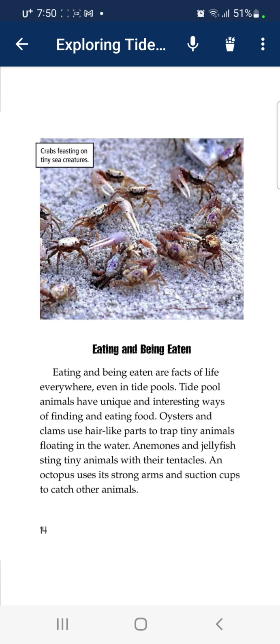Eating and being eaten. Eating and being eaten are facts of life everywhere, even in tide pools. Animals have cute and interesting ways of finding and eating food.